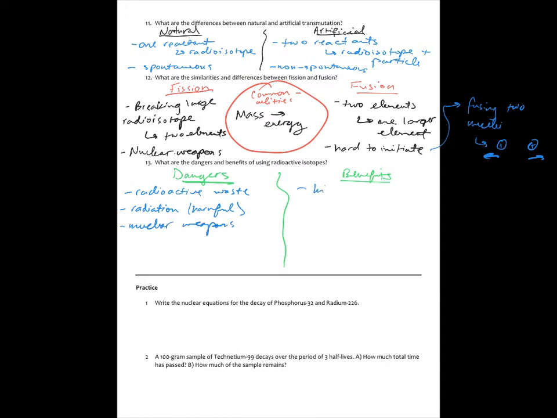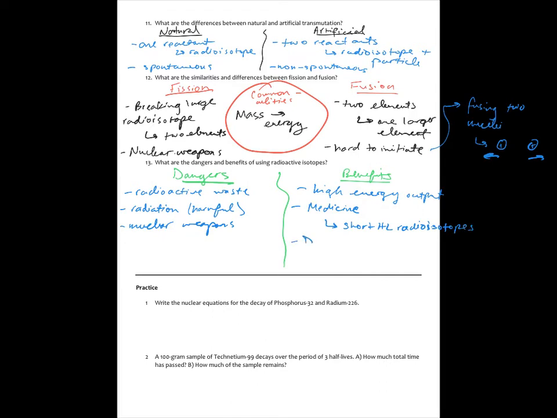Benefits: high energy output. Also, you have some medicinal benefits. That's with the use of short half-life radioisotopes, because the shorter it is, the quicker they disappear. So it's out of your body in pretty much a short period of time.